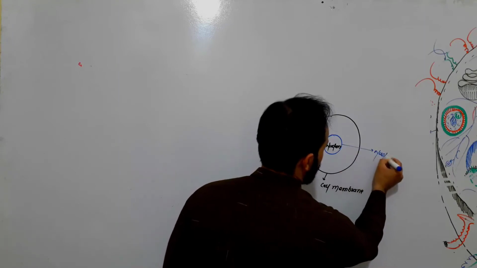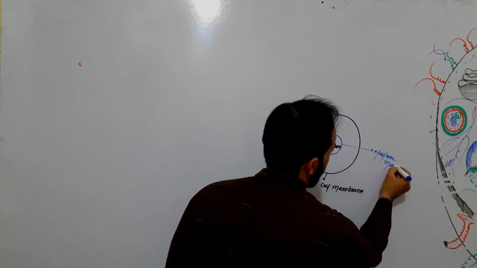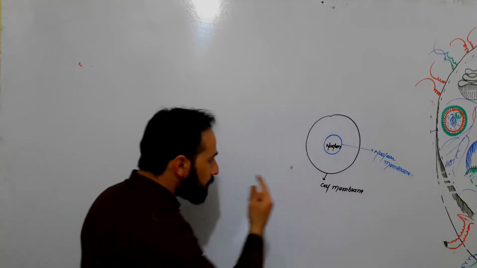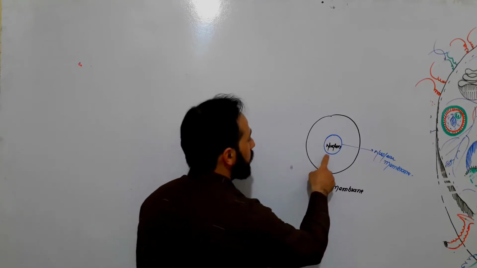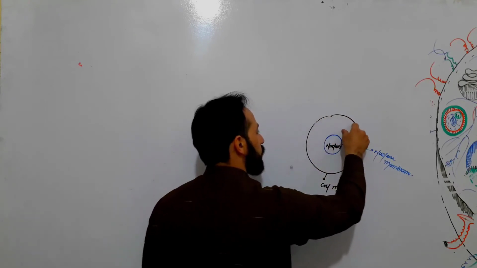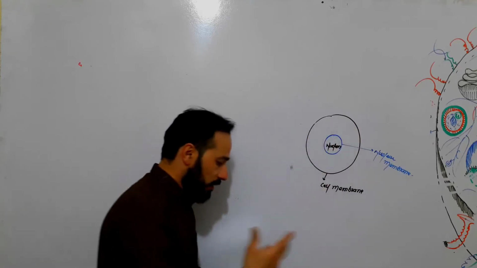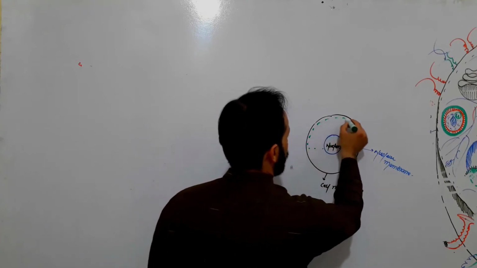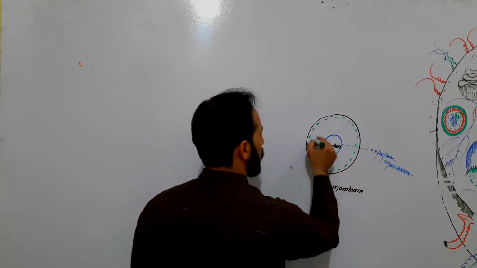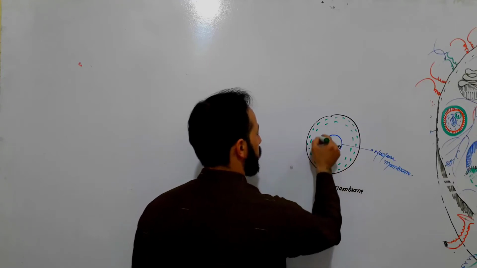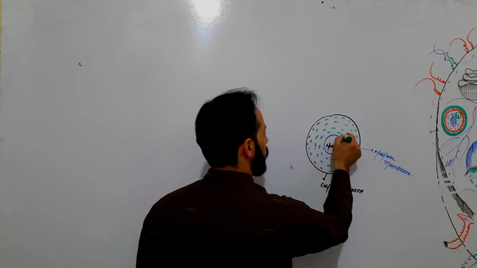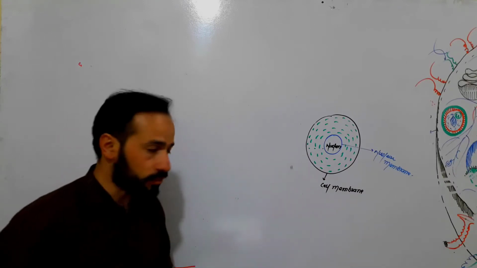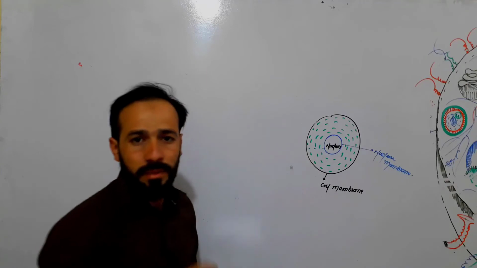So in between the cell membrane and the nuclear membrane we have a semi-fluid like substance, and that substance is called the cytoplasm, right? So we are recording about this cytoplasm right now.